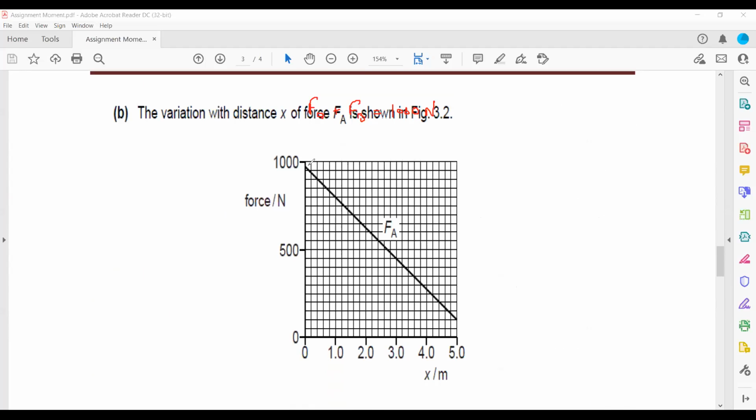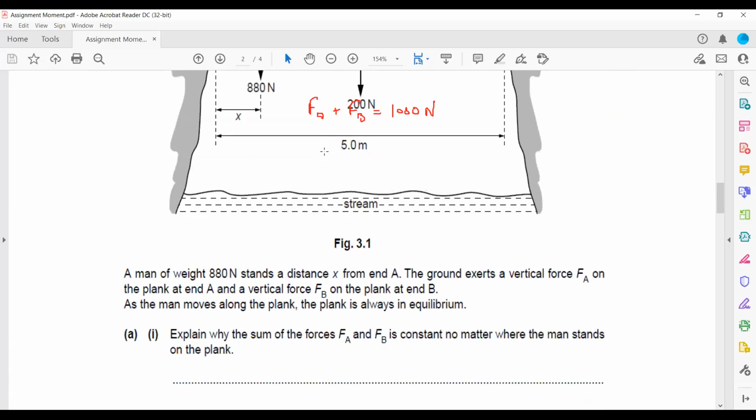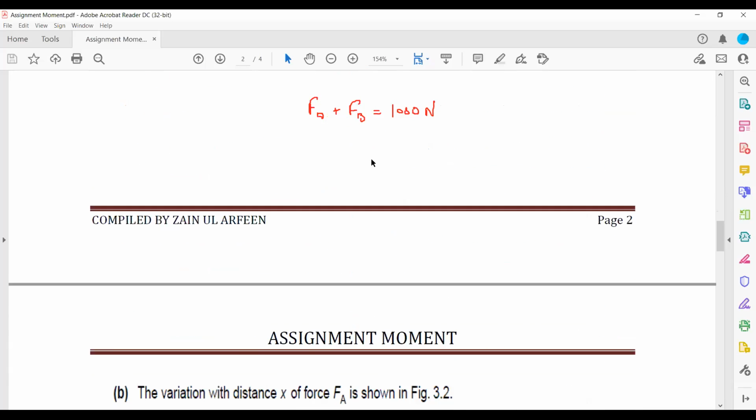So what does it appear? If each box is representing 50, it appears 950 for FA. So if FA is 950, what should be FB? Because the total sum is 880 and 200, so 1080 is there.